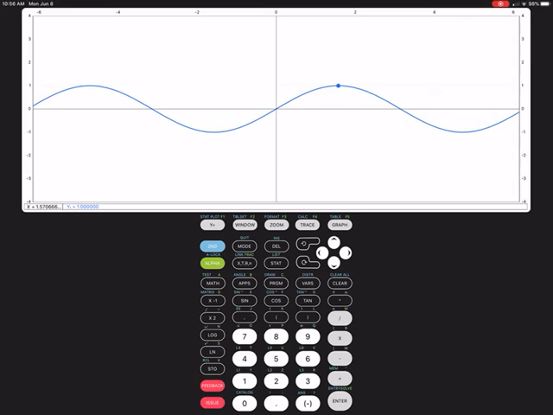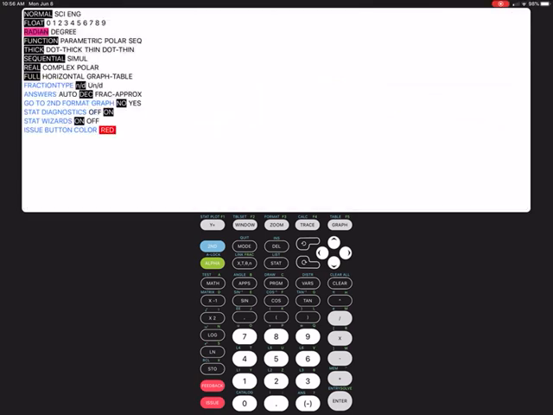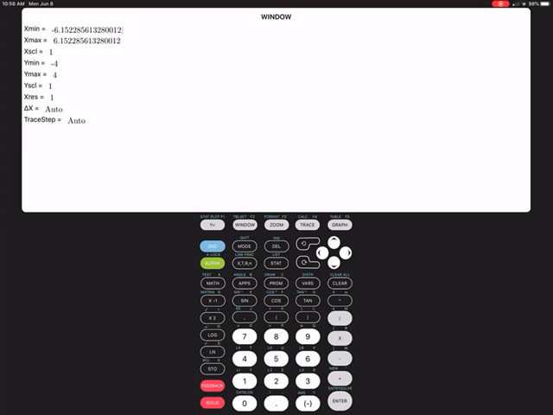So doing the trig window, just make sure your mode, we're in radian mode right now. So make sure we're in radian mode when I'm doing this trig window. Hit your window button. It's going from around negative 6.28, negative 2 pi, to 2 pi, 6.28. And it'll scale it out every 1.57 units on the X scale if you're using the trig window.